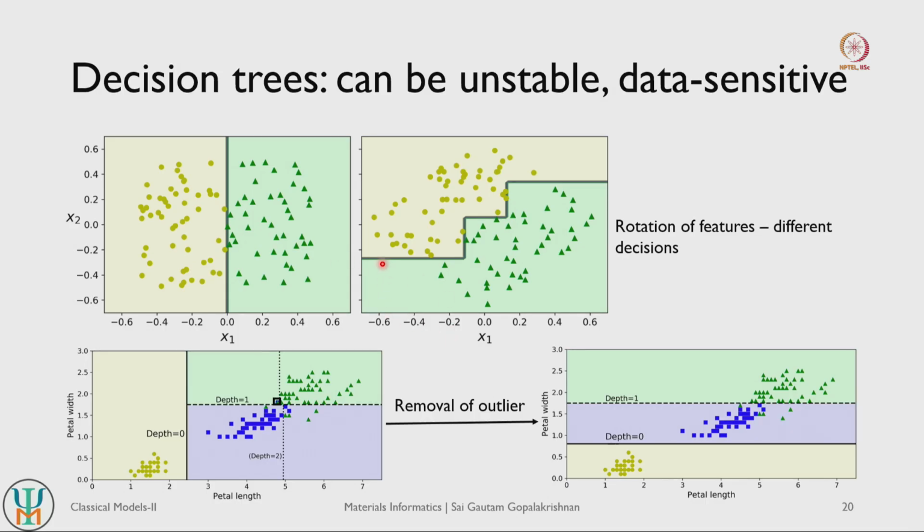Now if I were to consider the same data points but with a rotated set of features, so let us say my x1 is a rotated version of x1 and this x2 is a rotated version of this x2 here, right. Now you see that the decision tree, since it only creates perpendicular splits, now has to create a complicated set of if-else decisions in order to clearly separate out your circles from your triangles here.